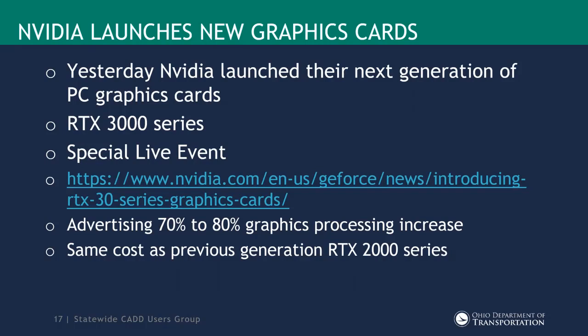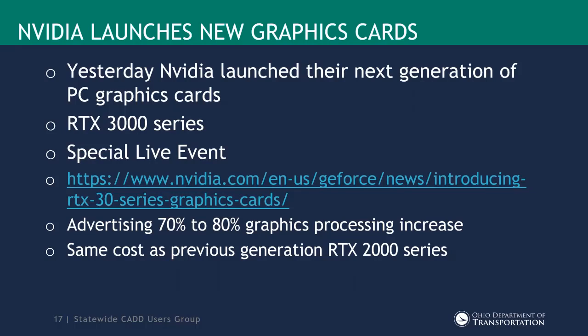If you're familiar with graphics cards, they previously had a last generation graphics card line of the RTX 2000s. I provided the link there. It's a pretty good watch, about 30 minutes or so. NVIDIA is advertising a 70% to 80% graphics processing increase, which is huge for one generation.